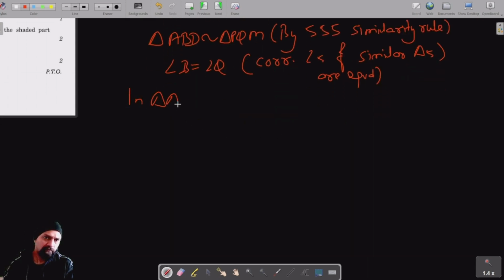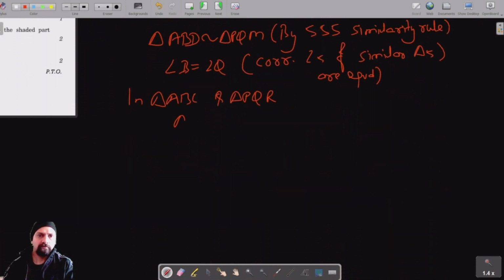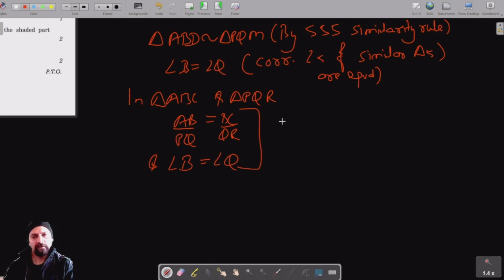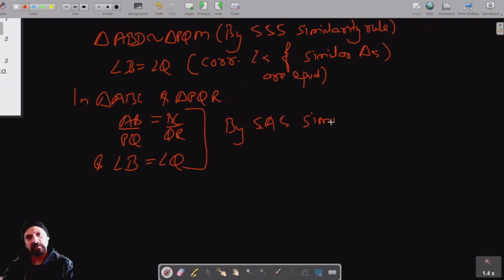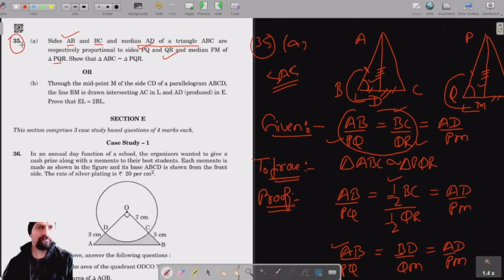Okay, now let's move to the bigger triangles. So in triangle ABC and triangle PQR, it's already given AB upon PQ is equal to BC upon QR, and angle B is equal to angle Q. So therefore by the SAS similarity rule, triangle ABC is similar to triangle PQR. And this solves our question number 35, part A.